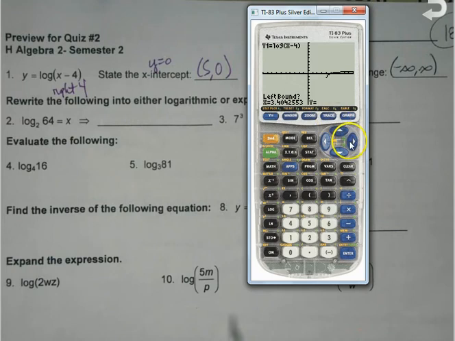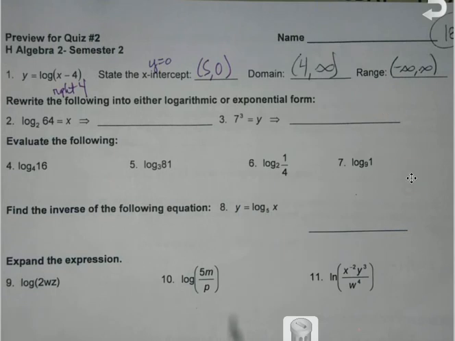Now, notice I still don't have a y value because it's not defined until I get to 4. Now my y value is negative. I can go ahead and hit enter. My right bound, my y has to be positive because I'm trapping a point between negative and positive. Once I find that positive y value, I'll just hit enter twice and I can find it that way. Okay, make sure we keep those straight. X-intercepts, we're going to use the zero function.